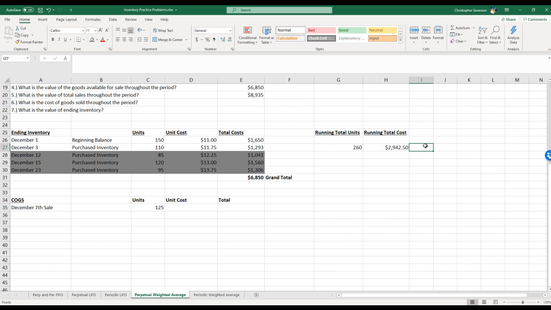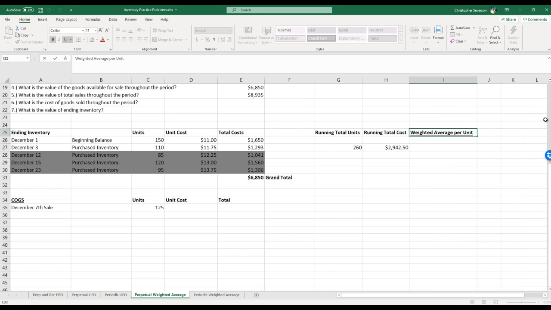And it does. So that's the running total number of units and the running total cost. Now we want to get a weighted average per unit, a cost per unit. In fact, I'll put that in there because that helps to explain which way you divide: cost divided by units.